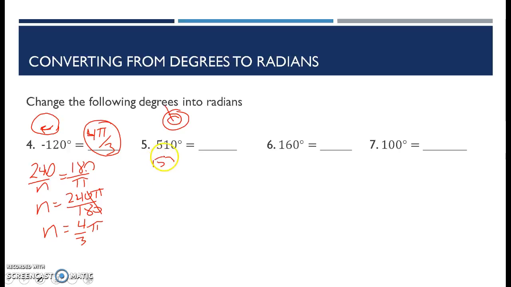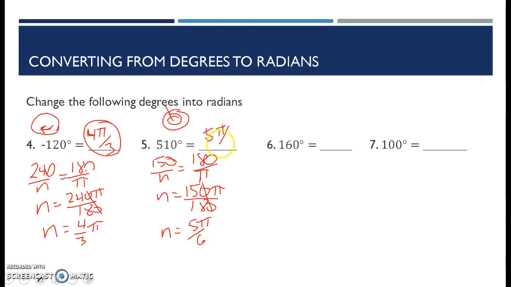So I'm going to put 150 over n is the same thing as 180 over pi. If I cross multiplied, I would have n equals 150 times pi divided by 180. And if I divide the 15 and the 18 by 3, it's going to be 5 pi over 6. So this is 5 pi over 6 radians.